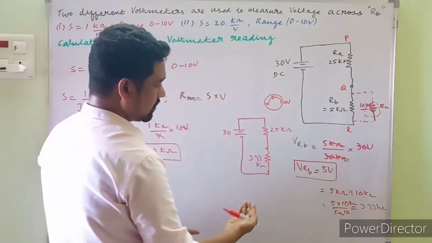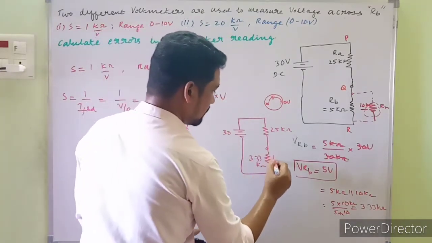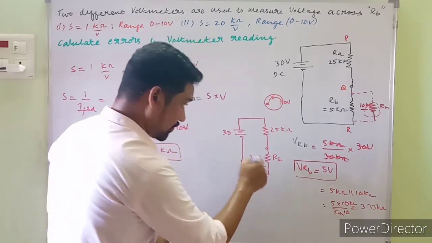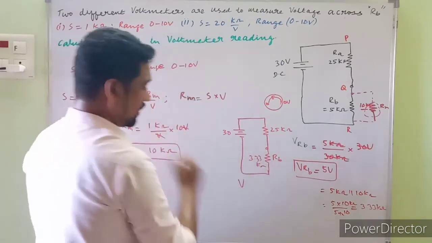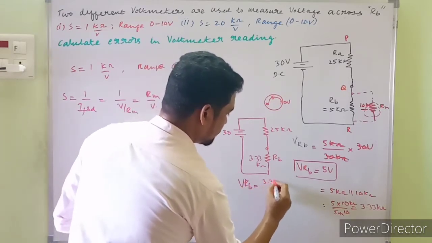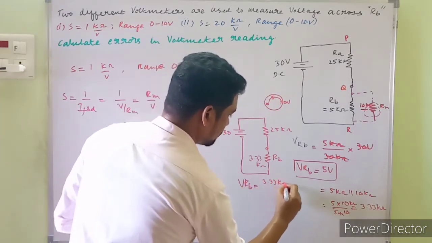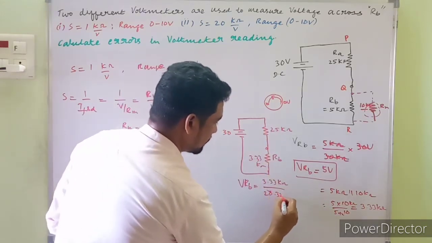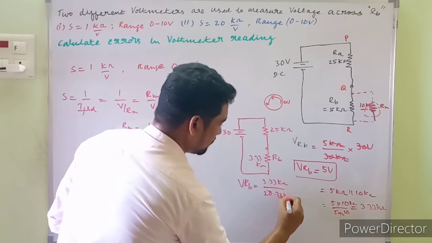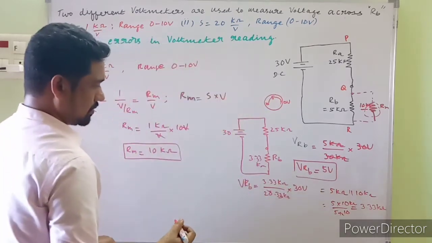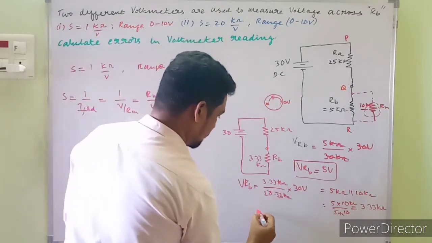Now we evaluate the drop across RB. Now this will be our new RB. So VRB, after introducing voltmeter 1, would be 3.33 kilo ohm by the total resistance, 28.3333 kilo ohm, into the supply voltage, which is 30 volts. Here the kilos get cancelled.